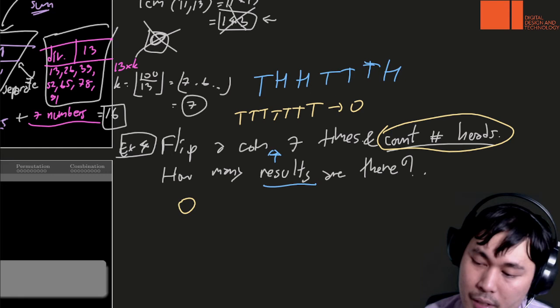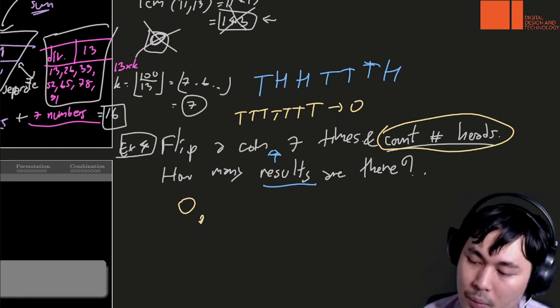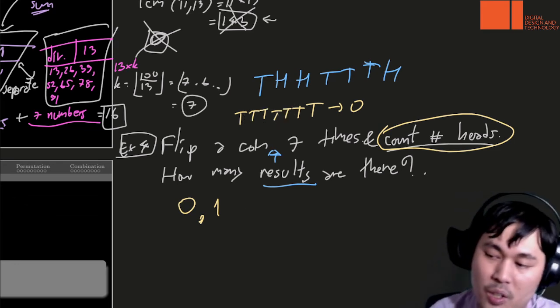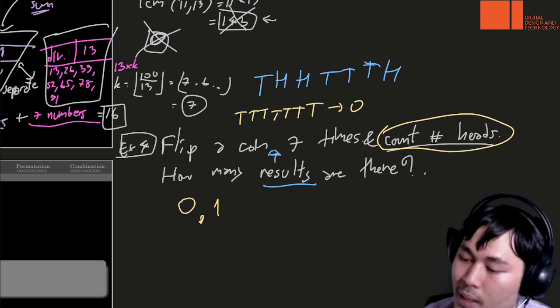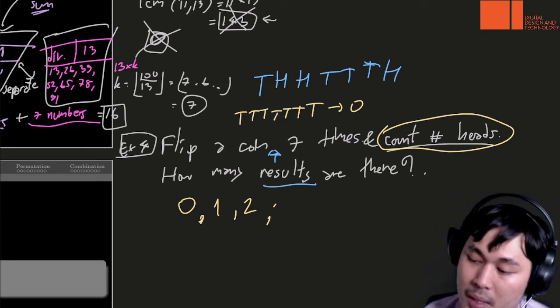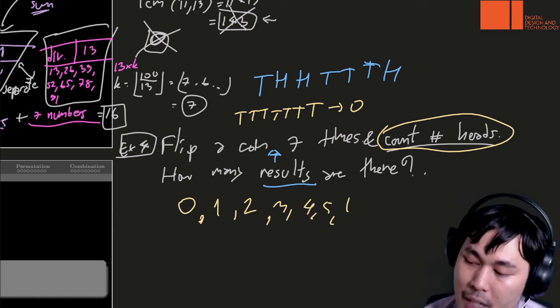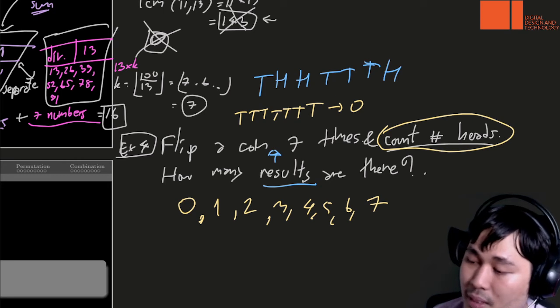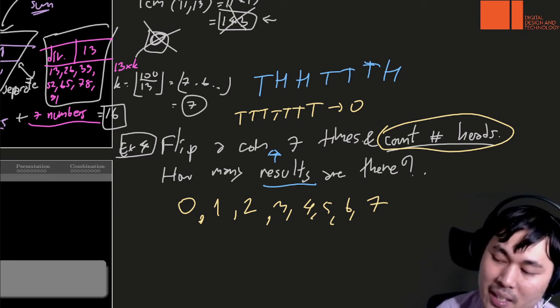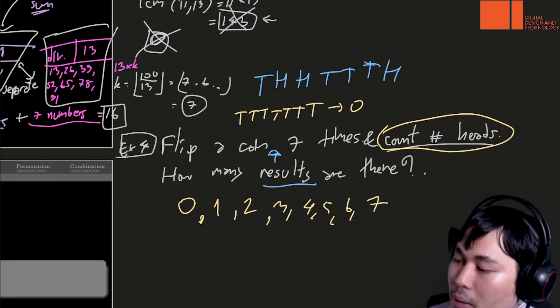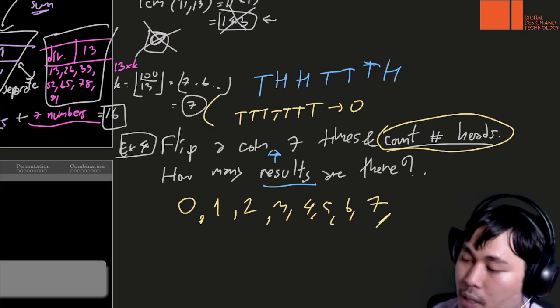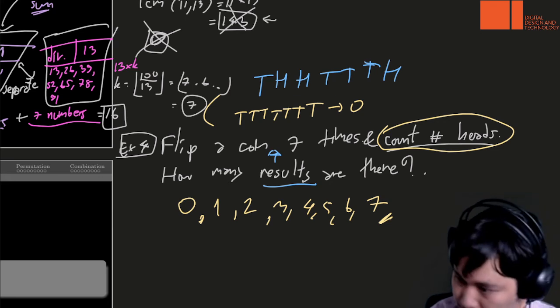So that's one of the results. What about 1? Yes, this can come up. There could be 1 head, 2 heads, 3 heads, 4 heads, 5 heads, 6 heads, up to 7 heads. It stops there because there could not be 8 or 9 or more heads. There are only 7 tries, so you can get up to 7 heads.